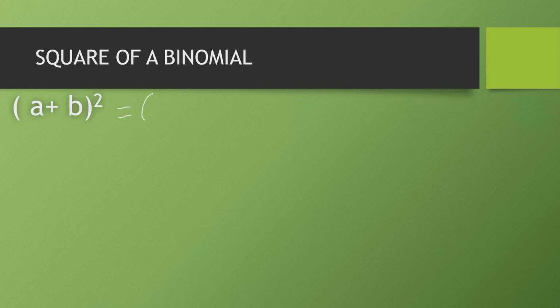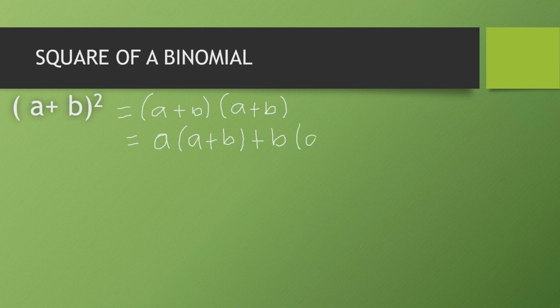Okay, expand lang natin the A plus B multiplied by A plus B. Now, kung i-apply natin yung distributive, we have A multiplied by the A plus B, plus B multiplied by the A plus B. Then, multiply po natin, i-distribute natin.